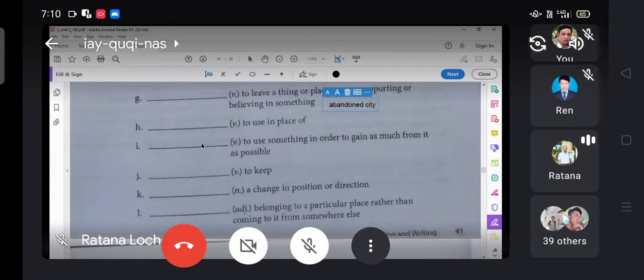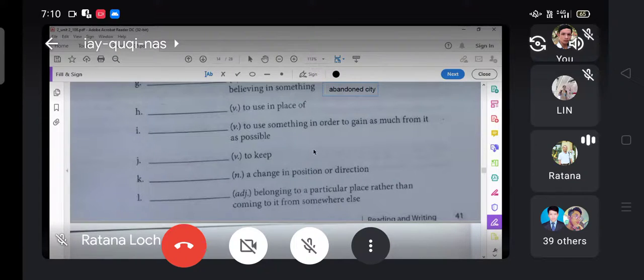H, to use in place of. Substitute. Yes, correct, exactly. Substitute, use something in place of. I, to use something in order to gain as much from it as possible.